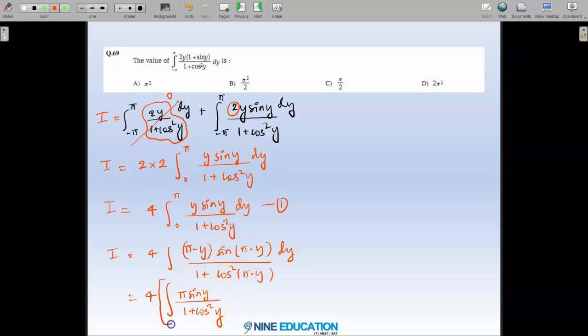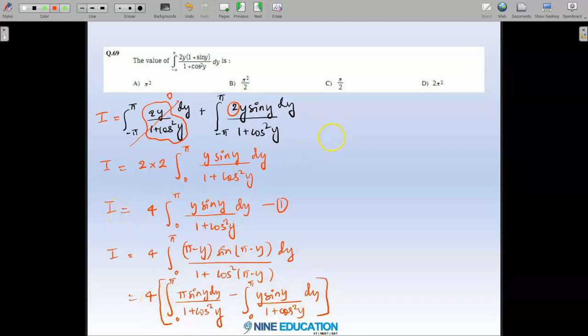So this entire integral can be again broken down into two different parts. This will again become integration 0 to pi. Okay, we have to write the limits as well. This is 0 to pi, and the remaining term will be y sin y divided by 1 + cos square y. So if you observe, this second integral is basically giving us the same I if we send this 4 inside.